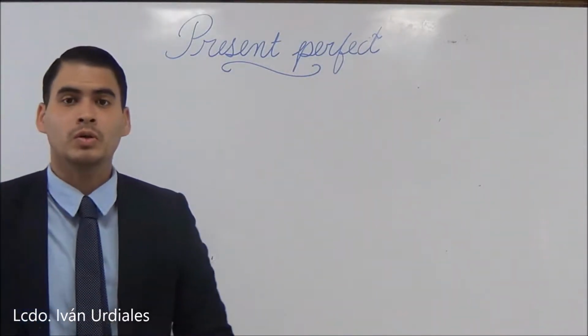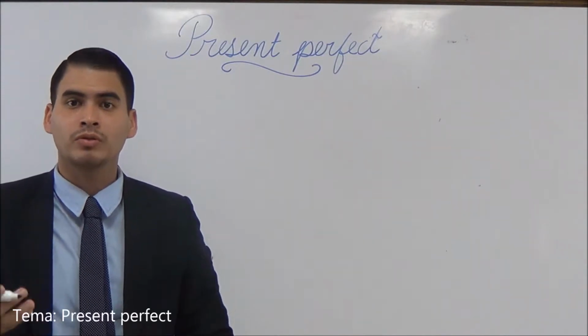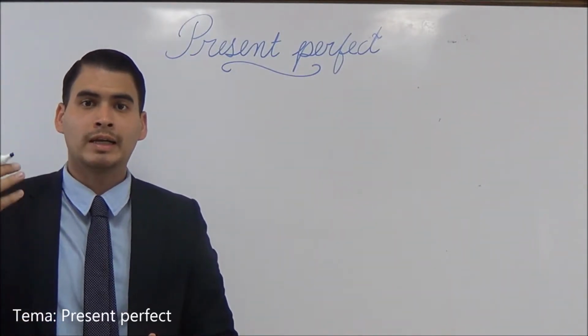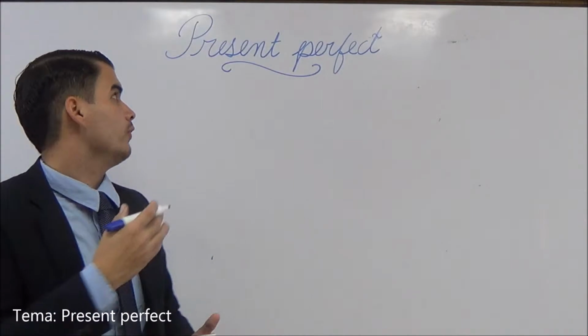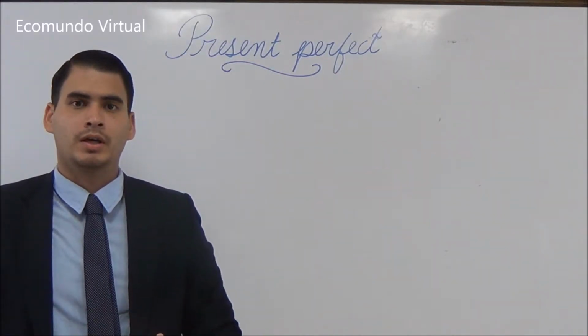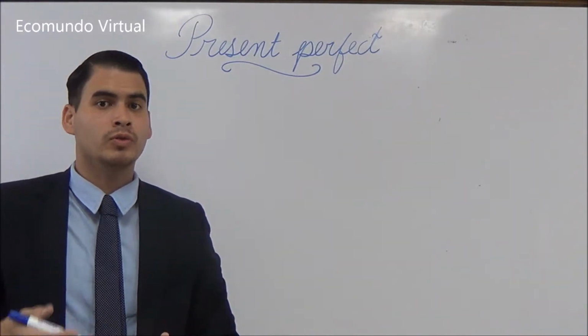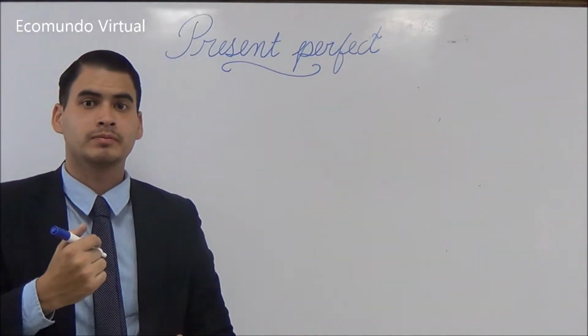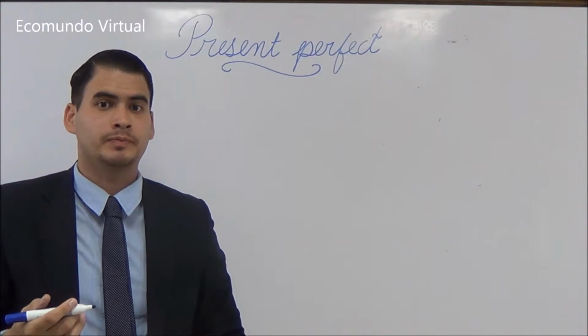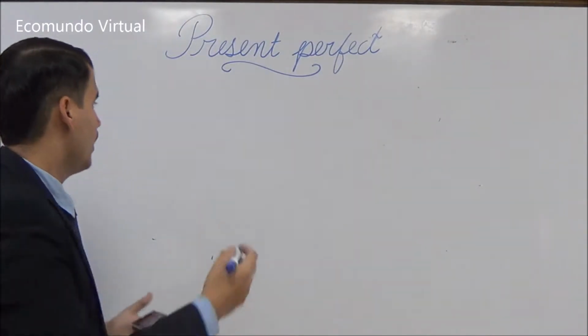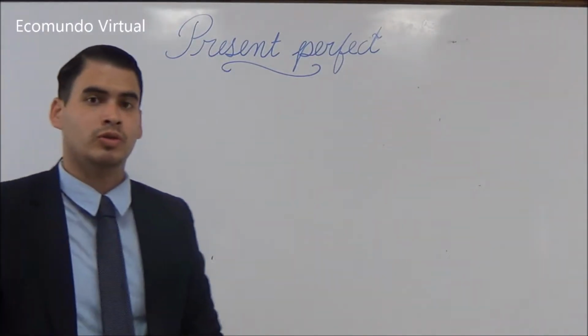Now, students, we are going to identify the rules and also analyze the purpose of present perfect. In the tutorial of the verbs in past participle, I told you that we are going to use the verbs in this tutorial. The verbs in past participle. So, in present perfect, there is a simple structure.